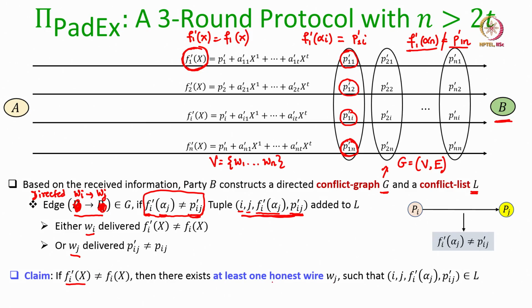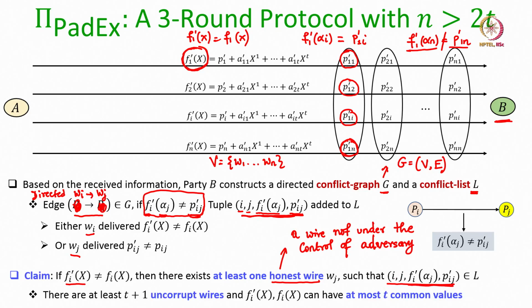Then there will be at least one honest wire, meaning a wire not under the control of the adversary, Wj, such that there will be a conflicting tuple present in the conflict list, where the wire Wj is in conflict with wire Wi, namely this tuple will be present in the list L. And this comes from the fact that you have at least T plus 1 uncorrupt or honest wires.